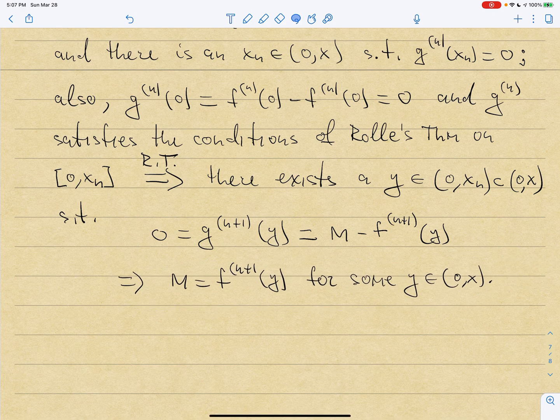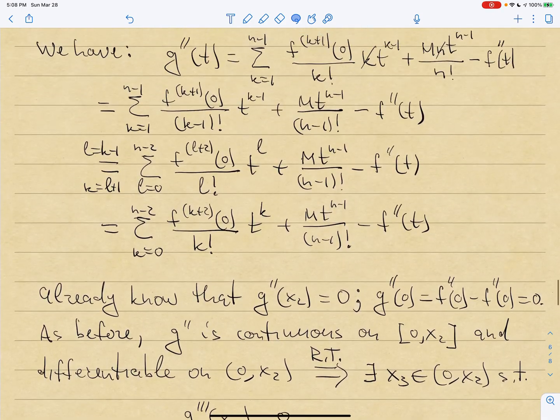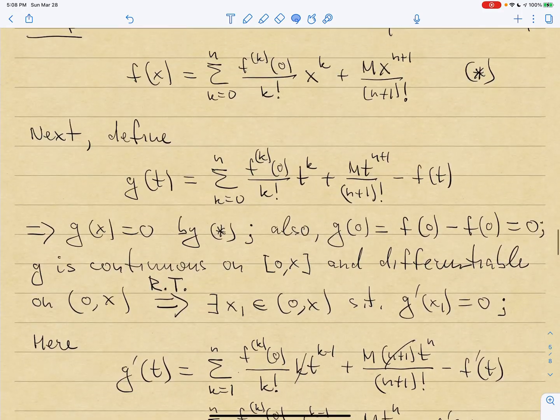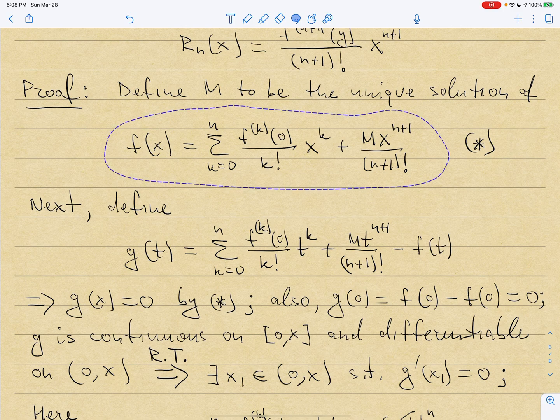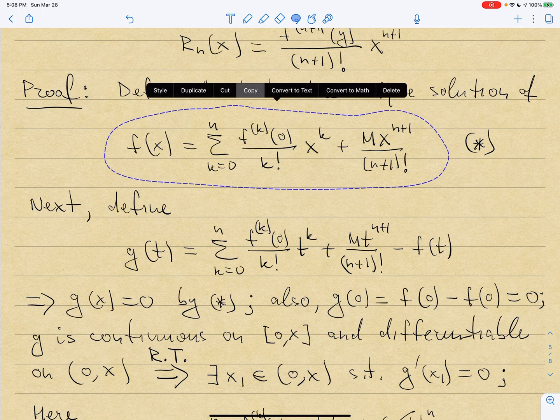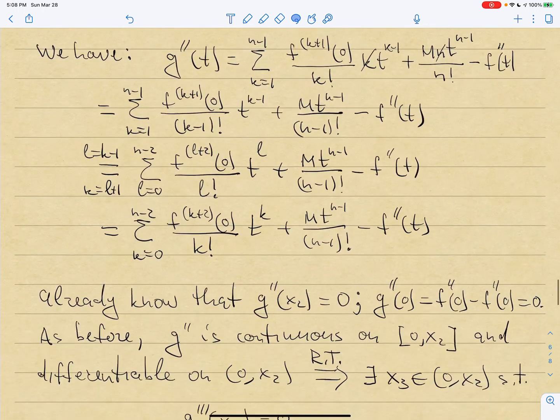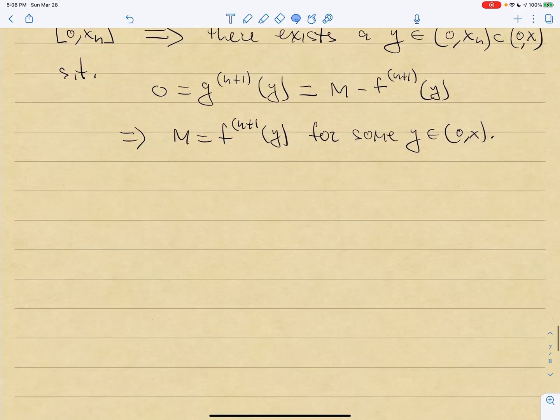But now, what was m? m was a solution of this equation, so then I can just take that equation, copy it, and use the fact that I now know what m is.